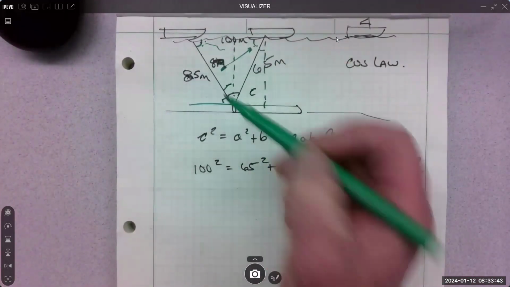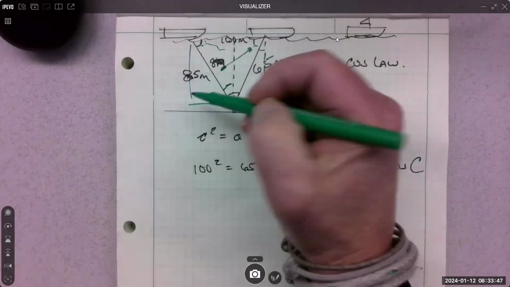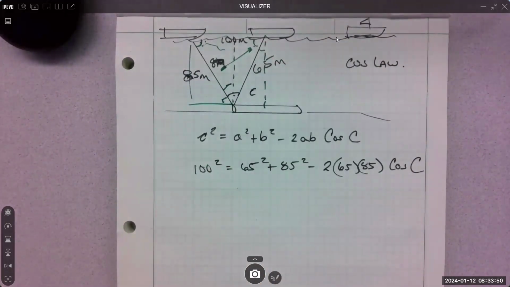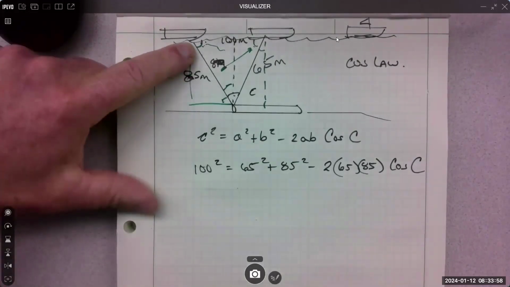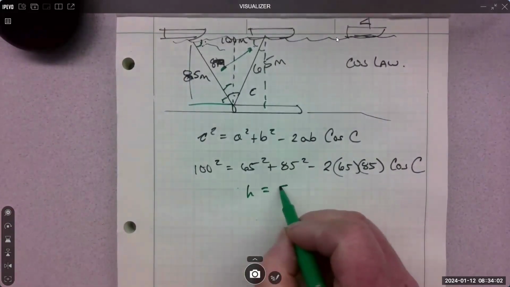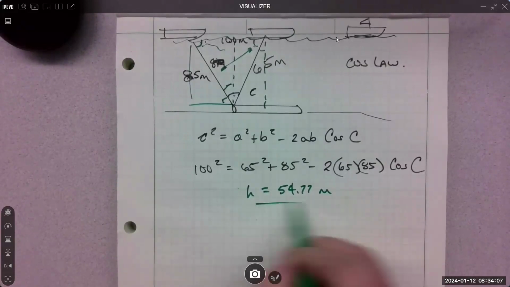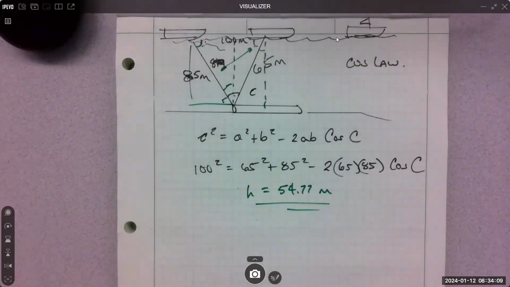I use that to find the height value. Excellent. A lot of different ways to go after it, right? So what did we get for H? Meters. Yep. Love it.